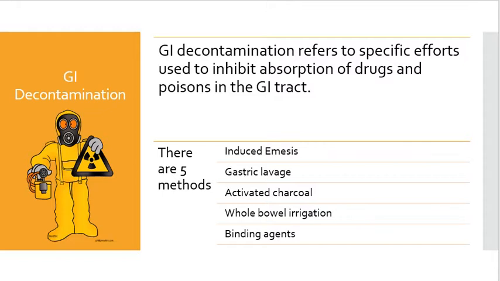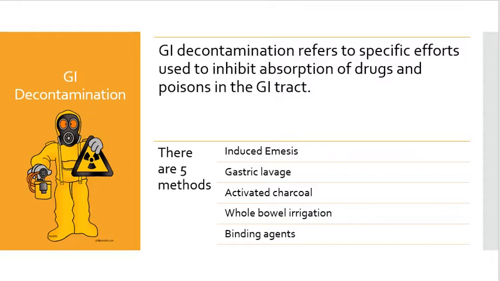Substances poorly absorbed by charcoal include acids, alkali, cyanide, ethanol, fluoride, lead, mercury, and many more. Contraindications to charcoal administration include bowel obstruction or bowel perforation. Adverse effects of administering it include nausea, vomiting, GI obstruction, and pulmonary aspiration.